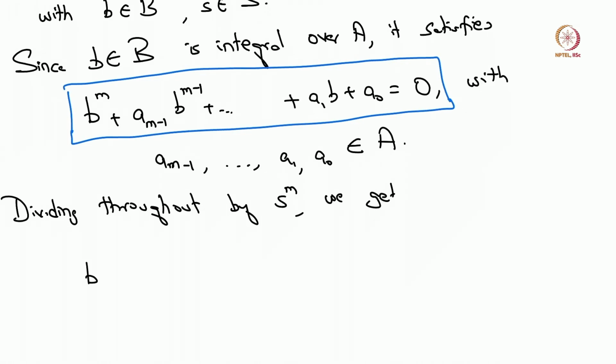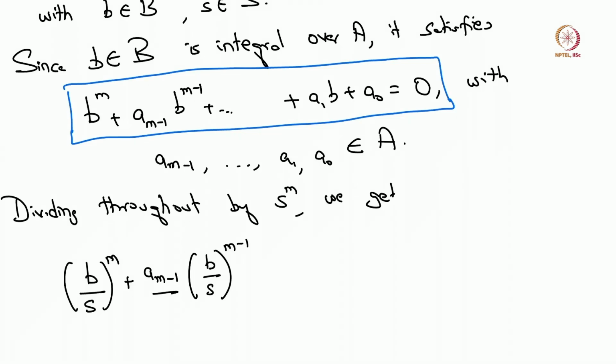So if I look at b to the m over s to the m, I have b over s, the whole raised to m, and then I have b over s, the whole raised to m minus 1, and what's left is a_{m-1} divided by s.